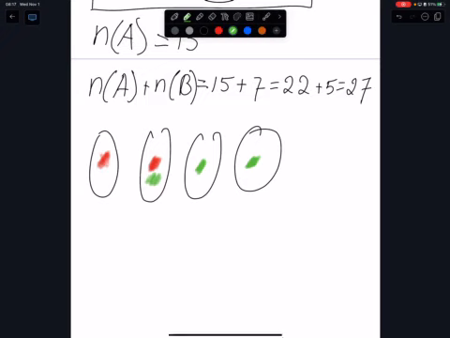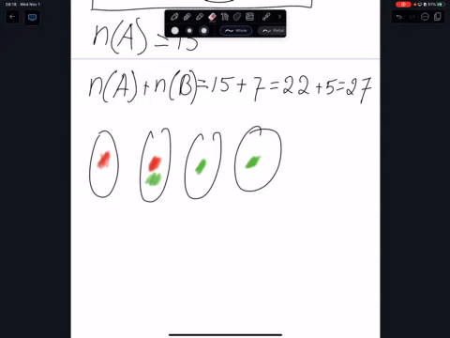I say, give all the ones that have green. You bring 3 forward. Yes? I say, bring the ones that have red included. You bring those 2. And then I say, bring the ones that have green included. You bring those 3. And then I say, well, one of them has red and green.